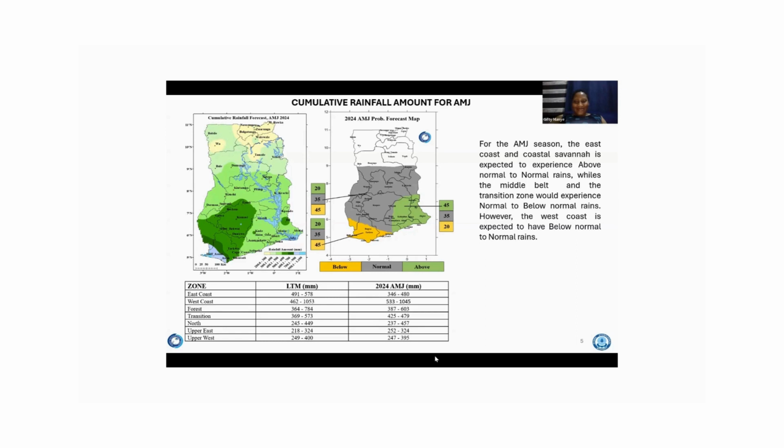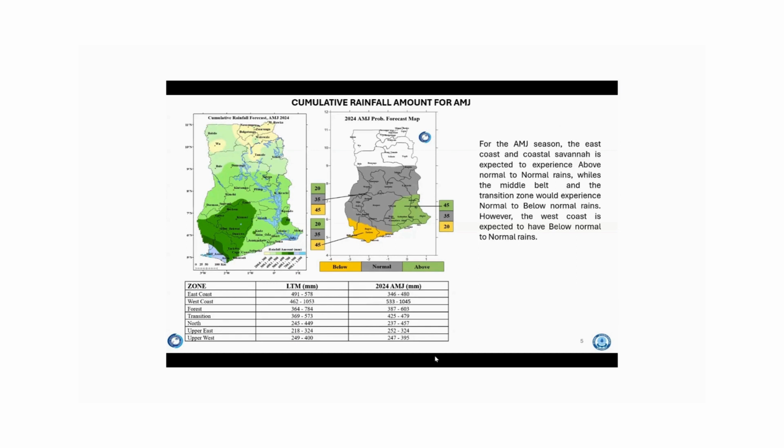You see, so we can say that that place we are expecting below average rainfall, but the below average rainfall is 1,045 millimeters of rain. Right? Can you imagine that? I know. So when we are saying below average and above or normal, it depends on the place that we are talking of.